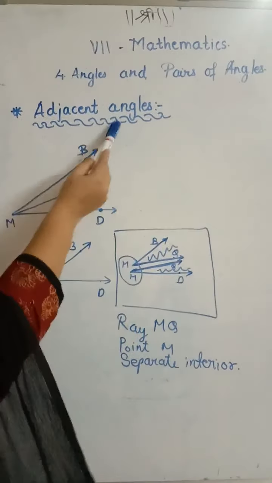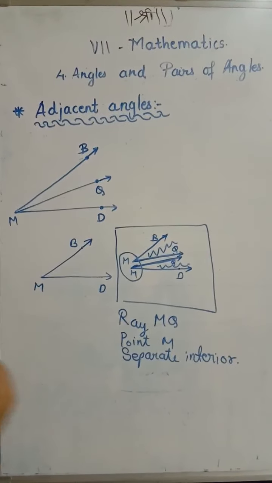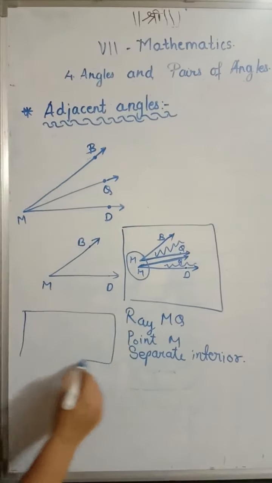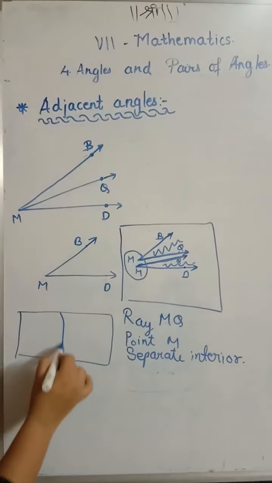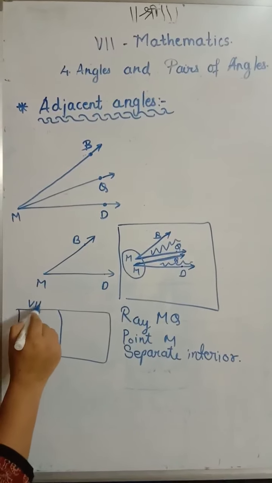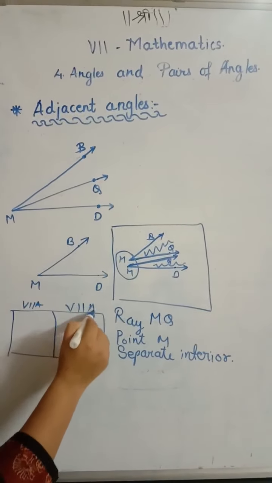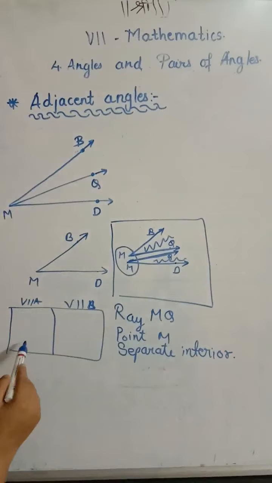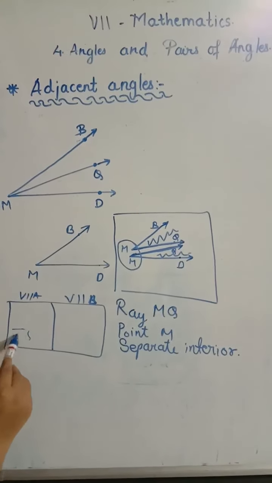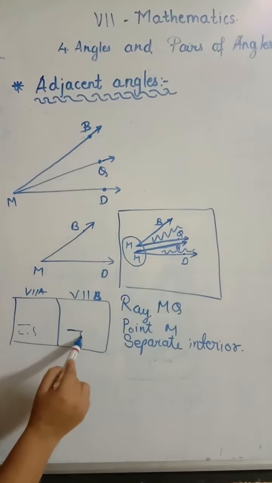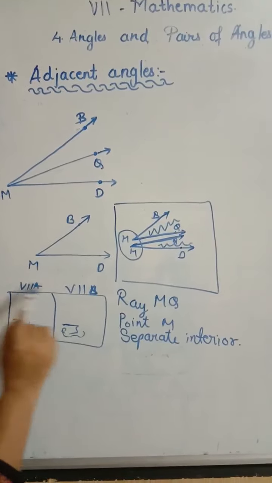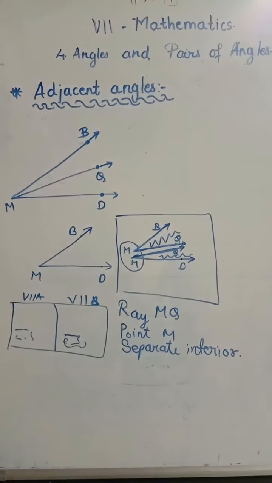So the angles, children, which have a common ray, a common point, but separate interior, such angles are called adjacent angles. Now suppose these are your school's two classrooms, 7th A and 7th B. 7th A will be sitting here, 7th B will be sitting here. But what is common in both of you?